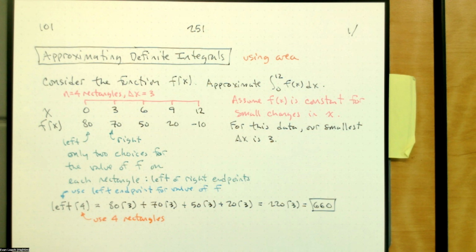We don't have a lot of information, but based on the information we do have, it looks like this function is decreasing. And on each rectangle, we're using the highest value, the one on the left, since it's decreasing. And so this is probably an overestimate of the actual value.